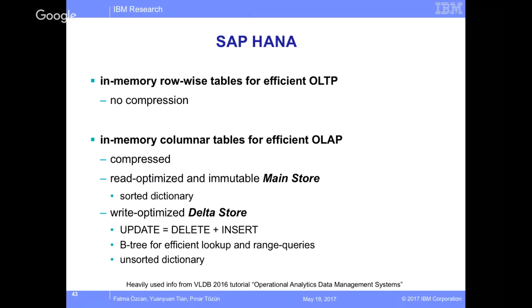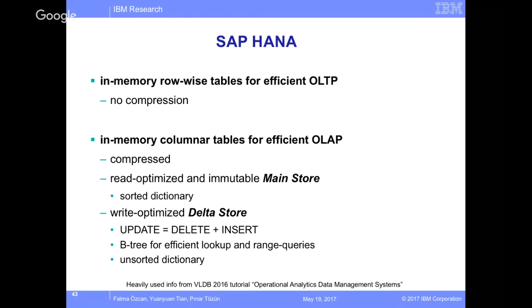For the columnar side, you do have compression, and this side also has two different layers of storage. One is the main store, which is read optimized and immutable, and this is mostly for older data, whereas for the new data you have the delta store, which is more write optimized, and updates here are of course deletes and inserts, so you don't have in-place updates.